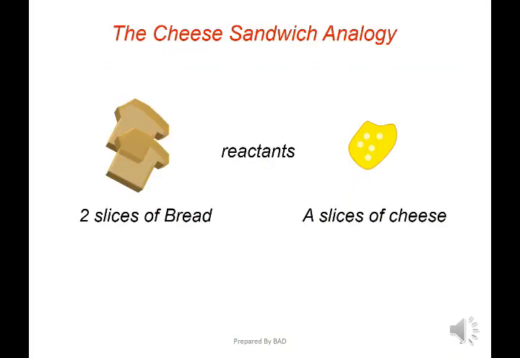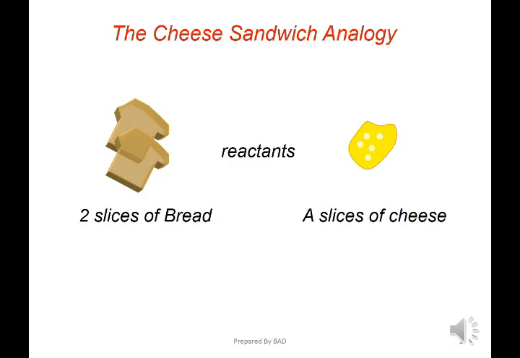Let's use a simple analogy to understand more about the limiting reactant: the cheese sandwich. To make one cheese sandwich, we need 2 slices of bread and 1 slice of cheese.